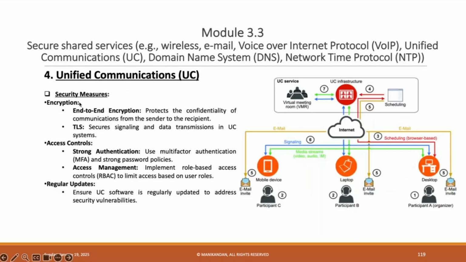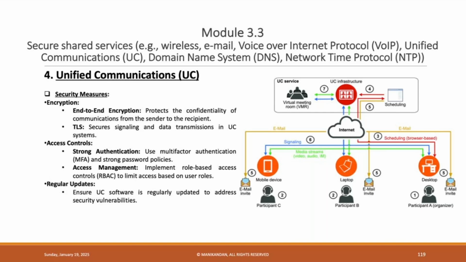The best control we can have for unified communication is end-to-end encryption. End-to-end encryption protects the confidentiality of communication from the sender to the recipient. TLS secures signaling and data transmission in UC systems.